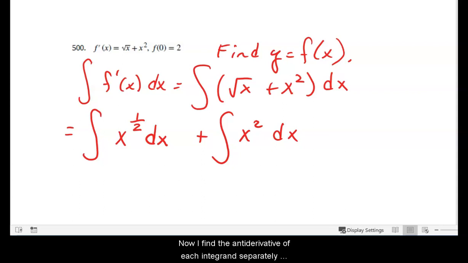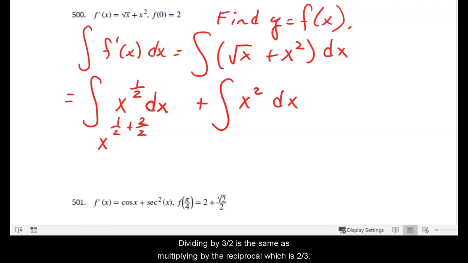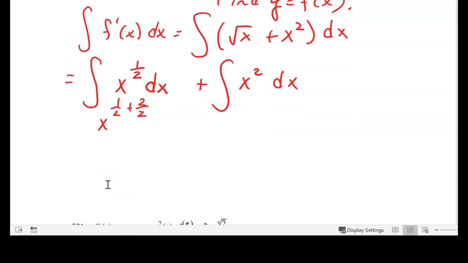Now I find the antiderivative of each integrand separately using the power rule. The integrand for x to the 1/2, applying the power rule, will give me x to the 1/2 plus 2/2, which gives me 3/2. Dividing by 3/2 is the same as multiplying by the reciprocal, which is 2/3.